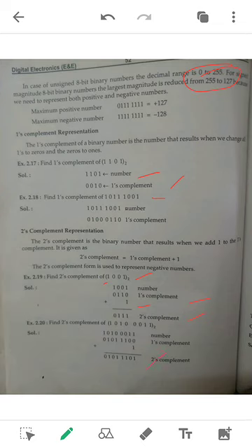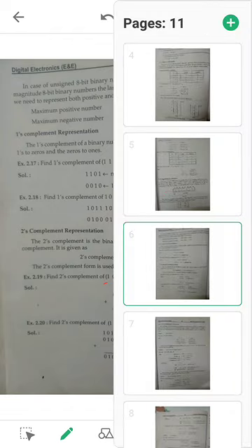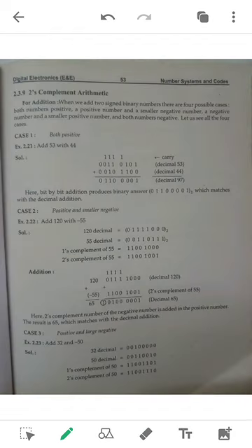Okay. So let us see the 2's complement arithmetic. There are 4 cases in the 2's complement arithmetic. There are 2 cases, for the addition and for the subtraction.